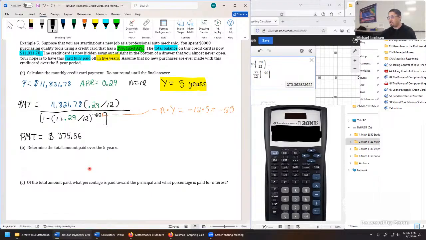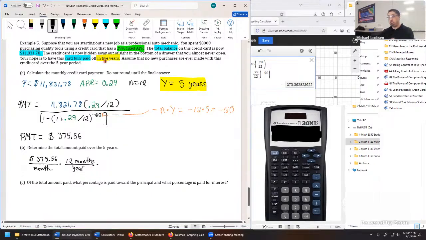So for this step here, just for the sake of the notes, let's write this down one more time. We're going to take 375.56 per month, multiply by the 12 monthly payments per year, then multiply it by, the goal was to pay off in 5 years, so that implies a term length of 5 years.